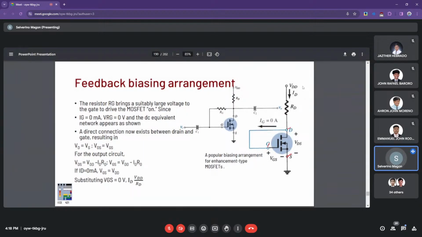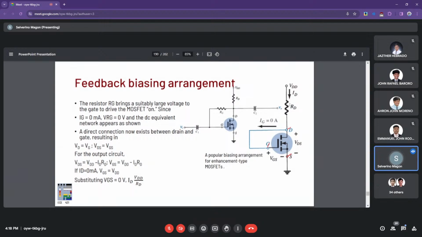Here we have VDD minus IDRD minus VDS is equal to zero. No? So rearranging the equations, we have VGS equal to VDD minus IDRD. So for the case of zero drain current, VGS should be equal to VDD.